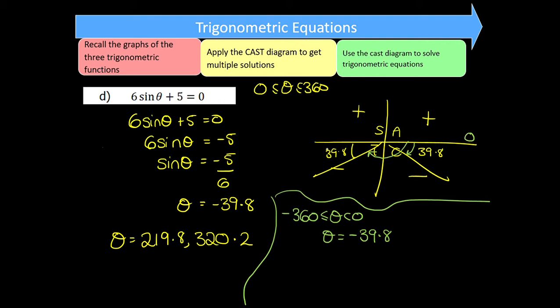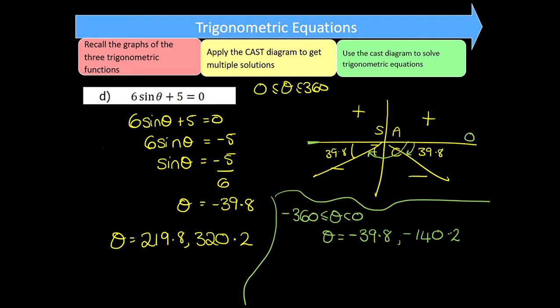So if I go all the way around to this line, that's minus 180. And then I need to go forward, so I'm going to add 39.8, and that will give me minus 140.2. So hopefully that makes sense where I get the two values from when I go negative.